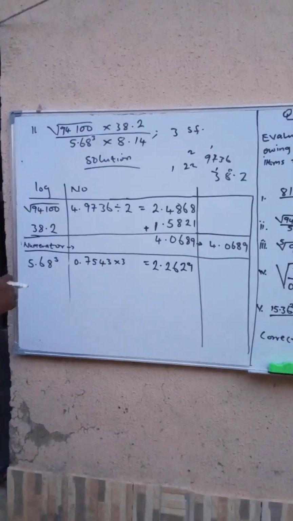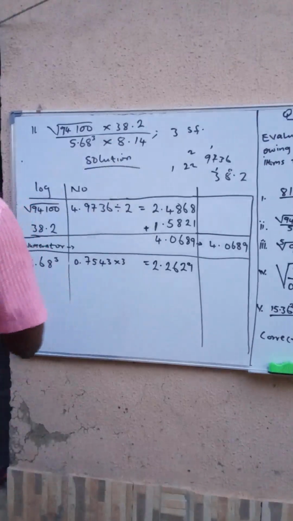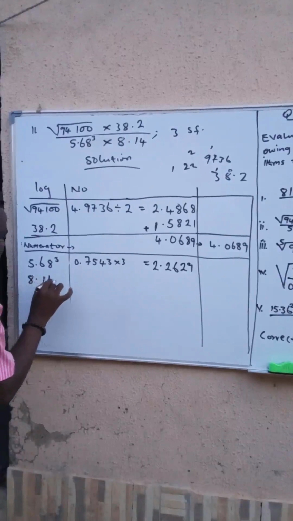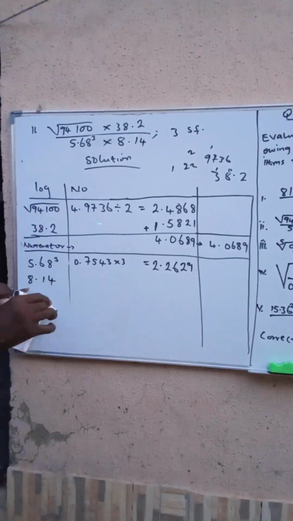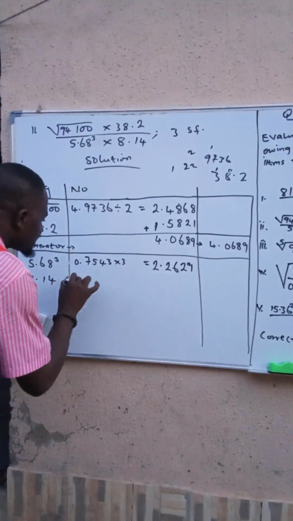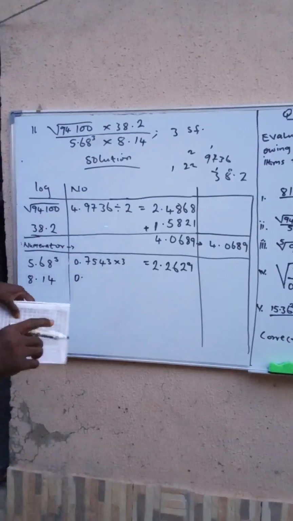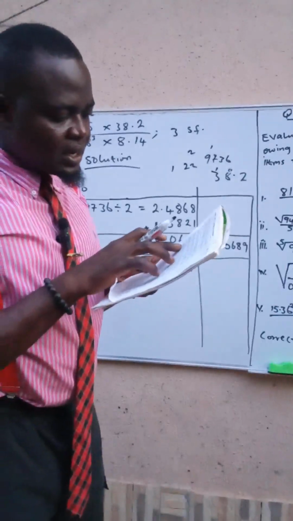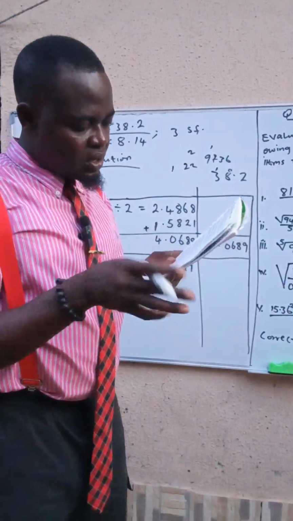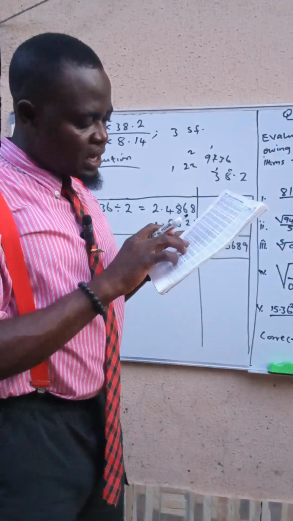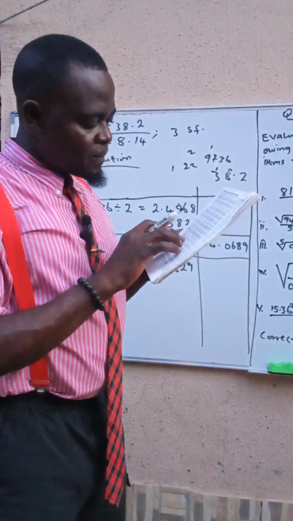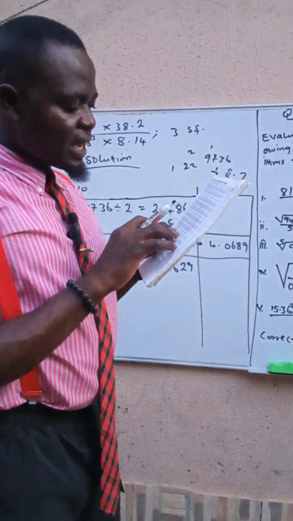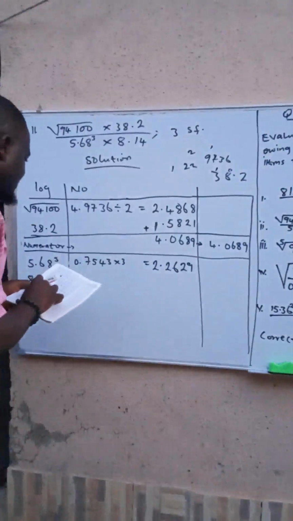Good. Now you bring the other one. 8.14. Now this one is still, the characteristics will be what? 0. That is 81 under 4. Log 81. If you are following me, 81 under 4 is 9106.